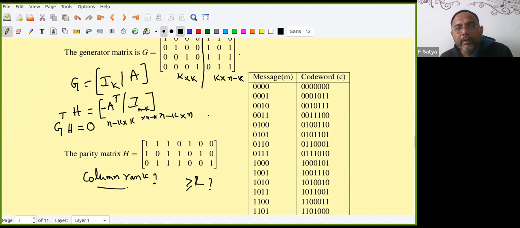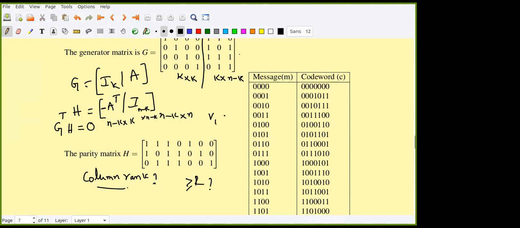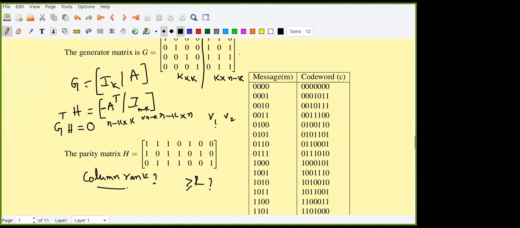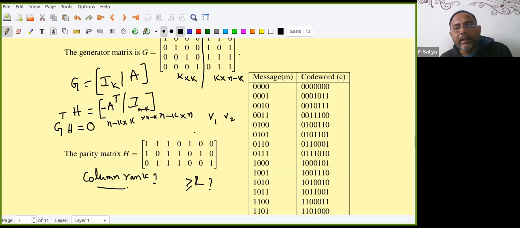Okay, you tell me this one. You have two vectors, v1 and v2. When they are linearly dependent, dependent means what? v1 is some c times v2, right? But this is a binary code. Binary code means it is a vector space over which field? V is a vector space over F, we say, every time.